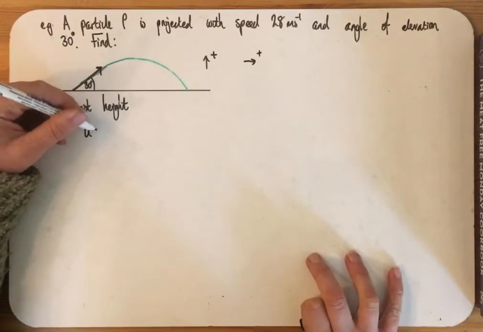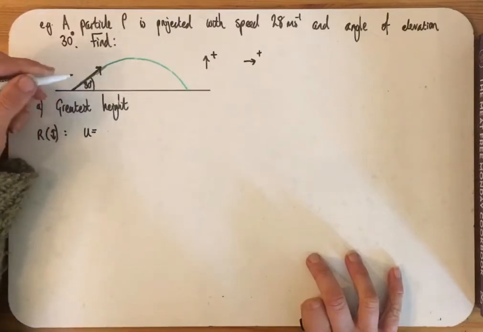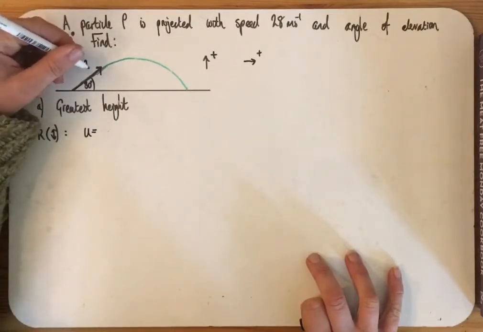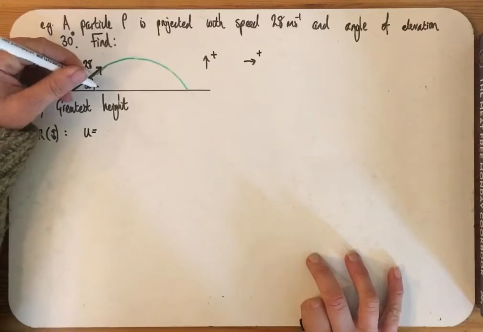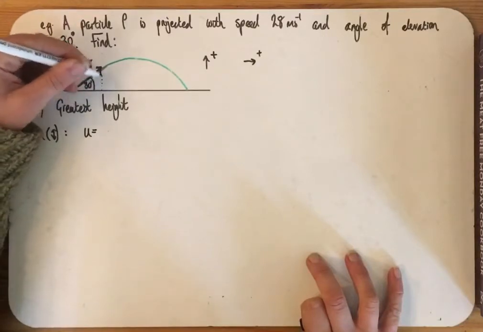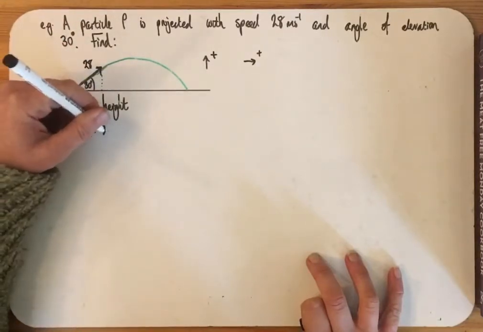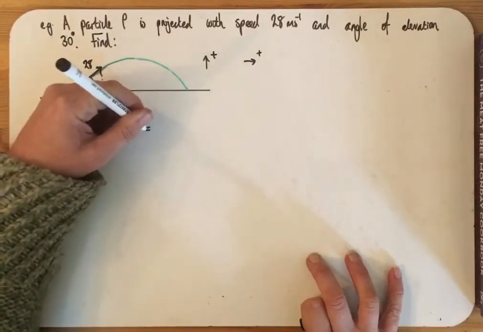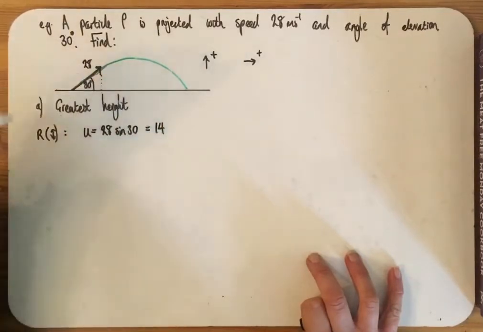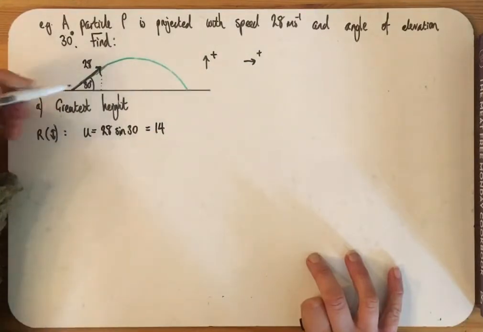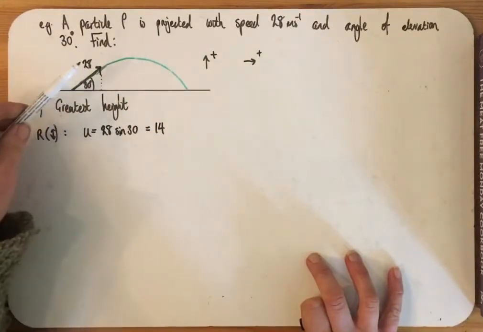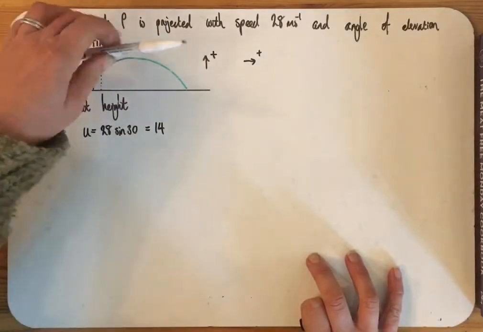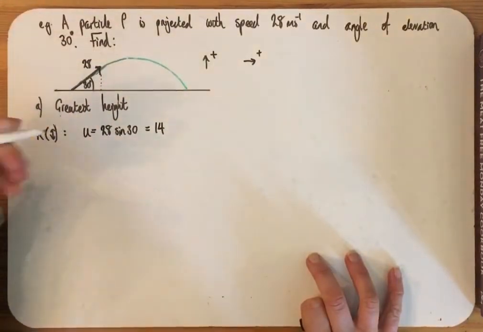u is equal to 28 sine 30 to give you the opposite, which is equal to 14. At the greatest height, the vertical component of the velocity is equal to 0.